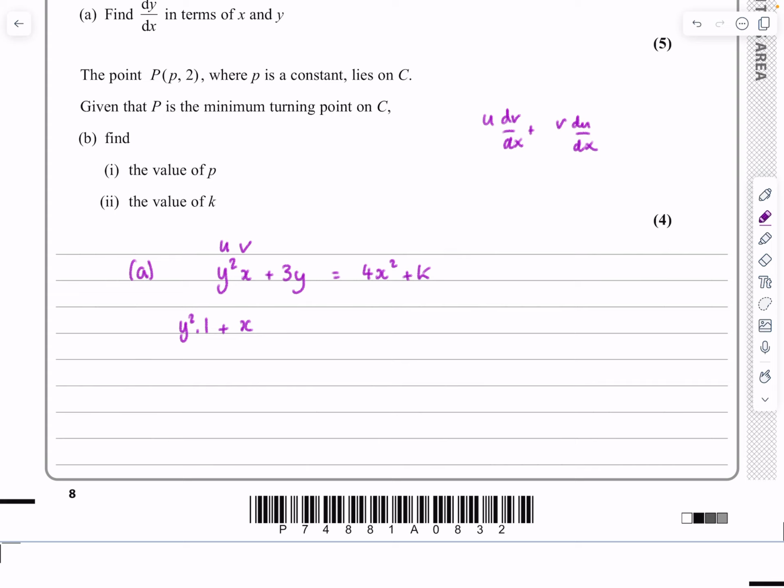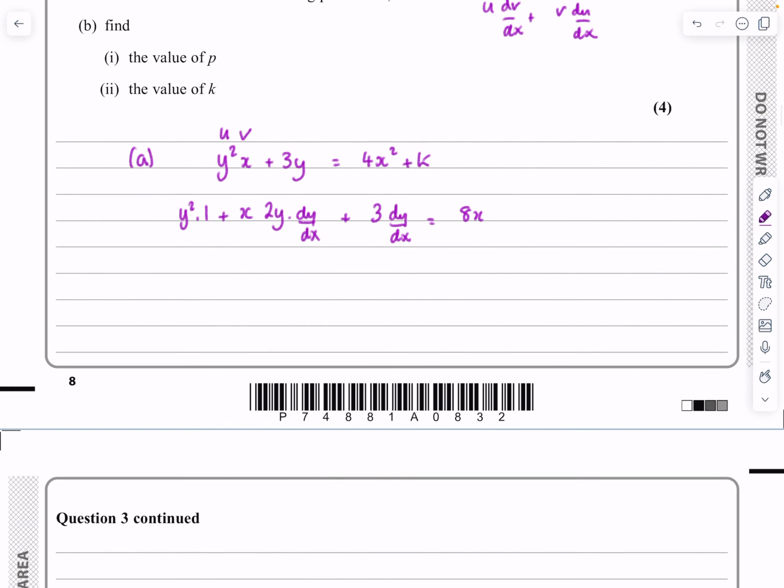Differential of y squared: multiply by the power, take 1 off the power, so 2y, but obviously every time we have a y function, we have to make sure we include dy by dx. That's all of that first term done. Everything else should be pretty straightforward. Differential of 3y is 3 dy by dx. The differential of 4x squared is 8x, and the differential of k will disappear. So this is pretty standard.